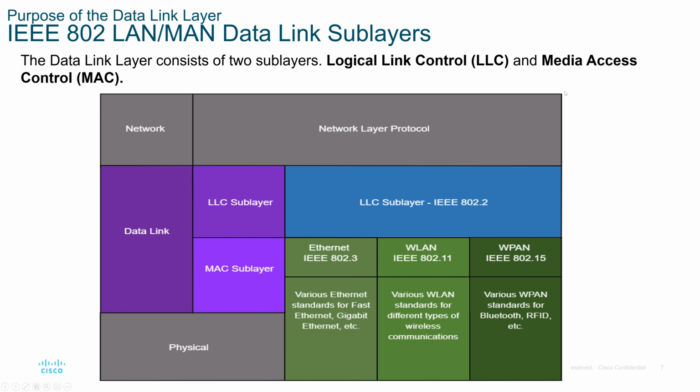Most of you are probably familiar with Media Access Control because you have heard the term MAC addresses, which is often thrown around, especially when you're working with networks. On this diagram, you have the physical layer and then the data link layer, and on the data link layer we have these two subcategories, the MAC sublayer and the LLC sublayer.